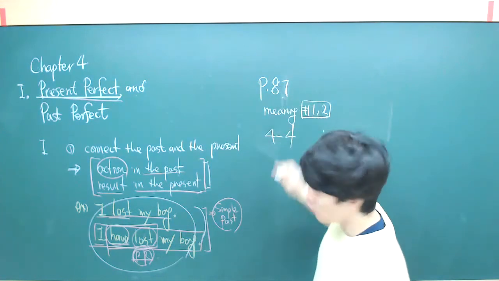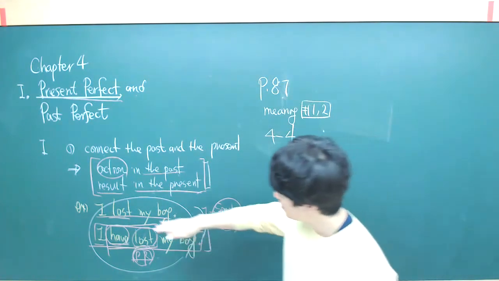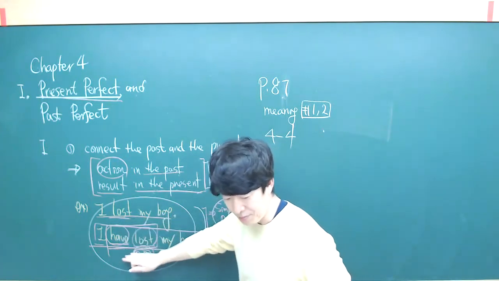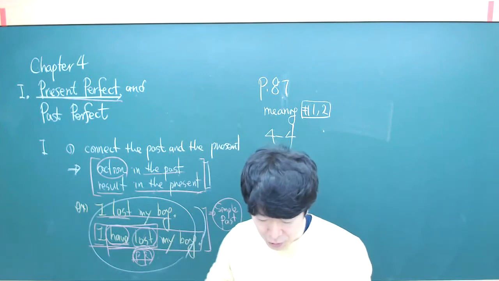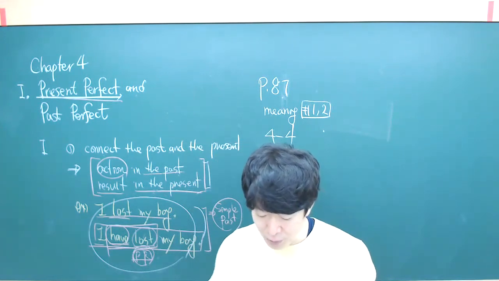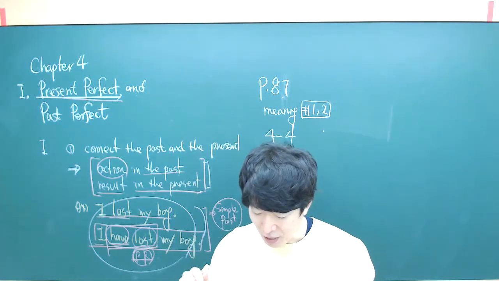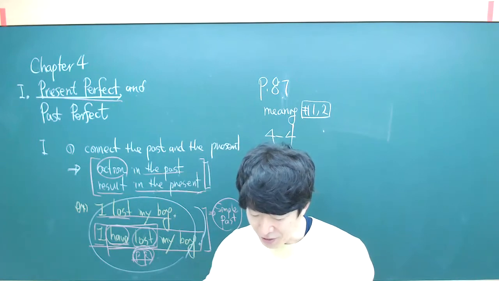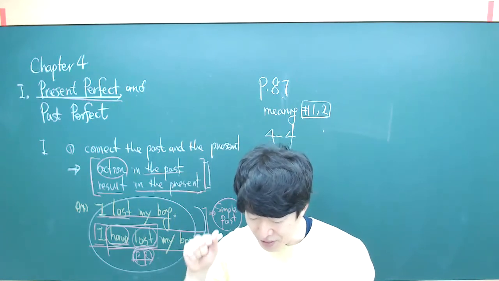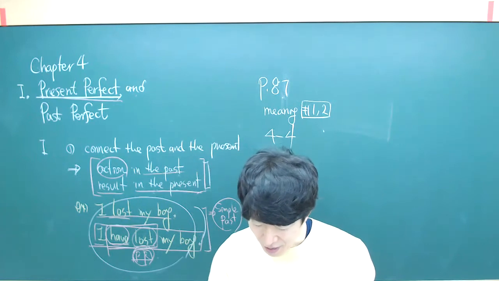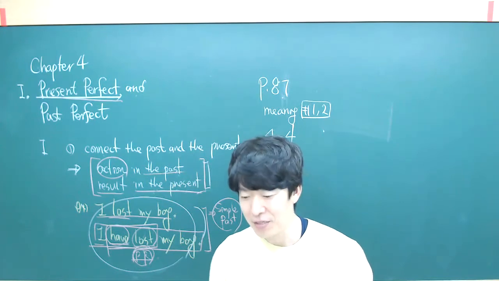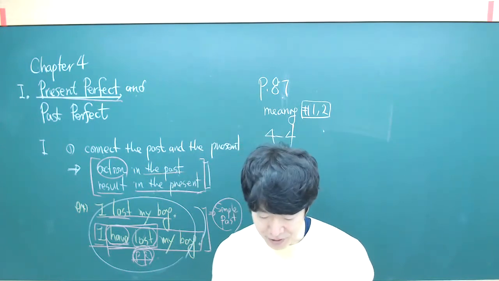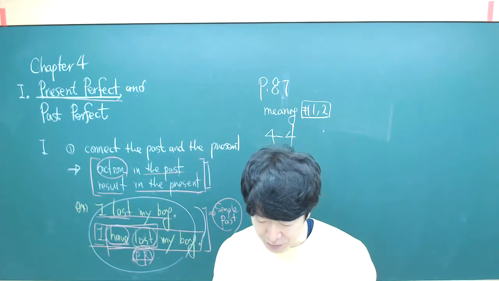Simple past: I finished my work 2 hours ago. Simple past tells us the action happened at a specified time. So we can know when that happened. That's simple past. While present perfect: I've already finished my work.